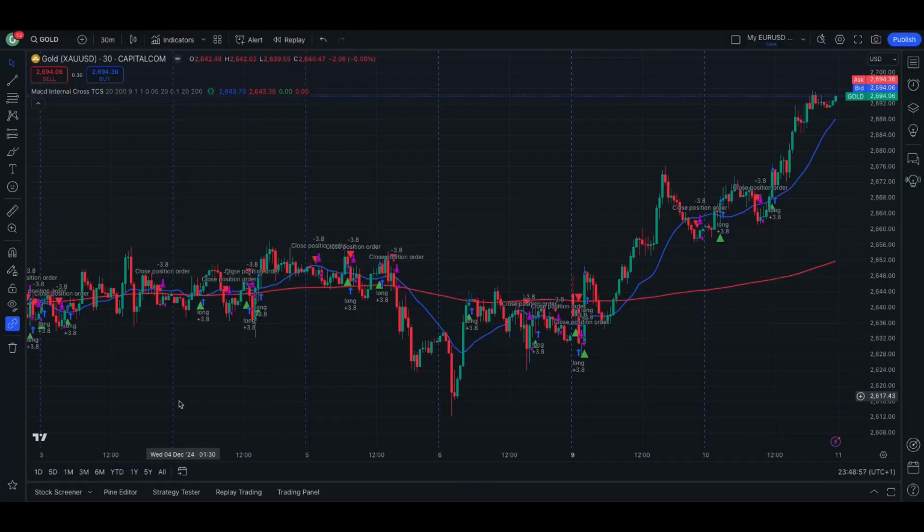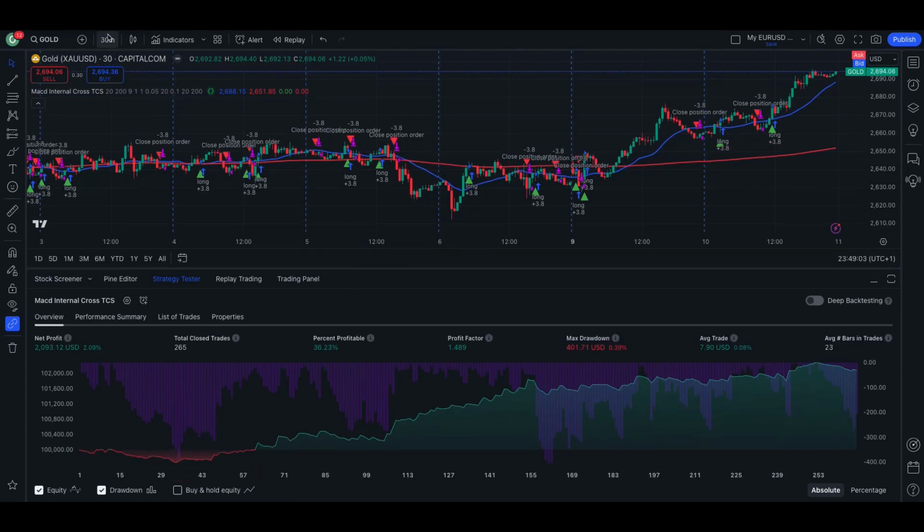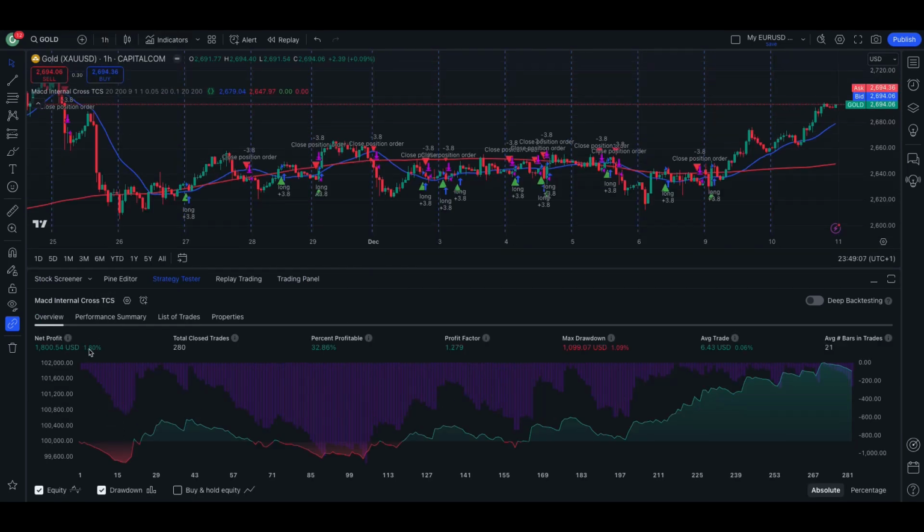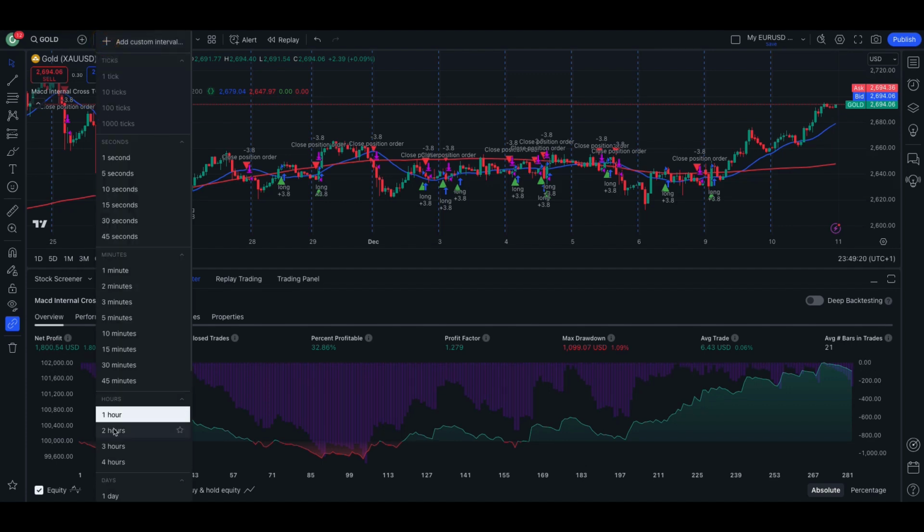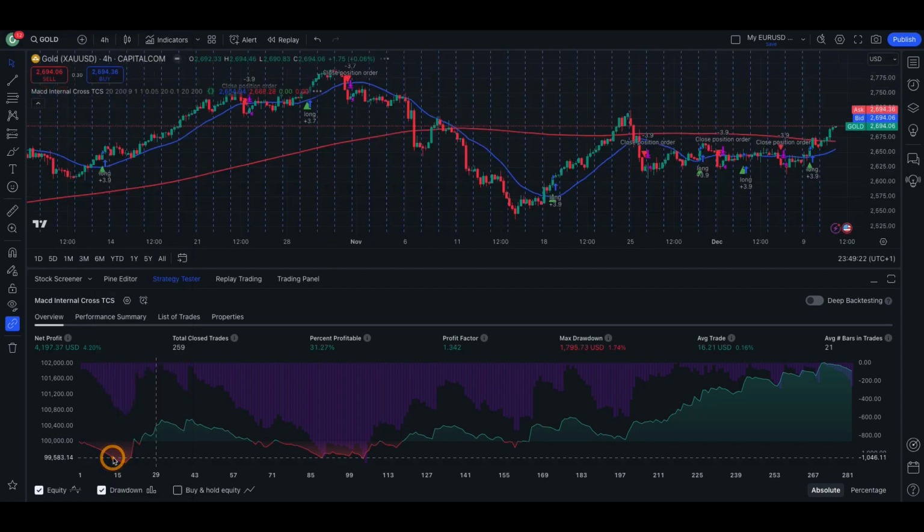So let's see what happens if we change the time frame. So for example, use 1 hour, 1.80. Yeah, not very good. We have 1.09 drawdown and 1.80 profit. It's not very good. What about 4 hours?